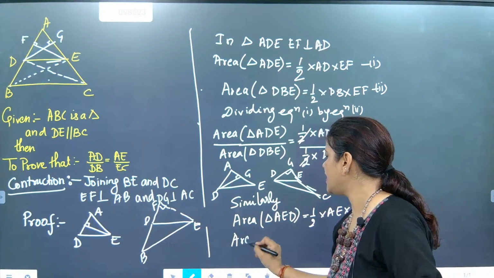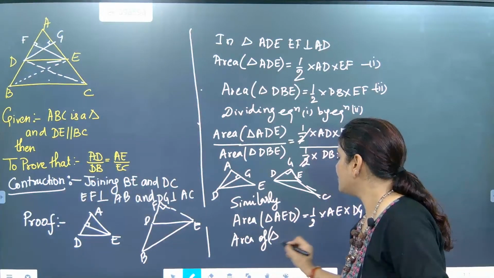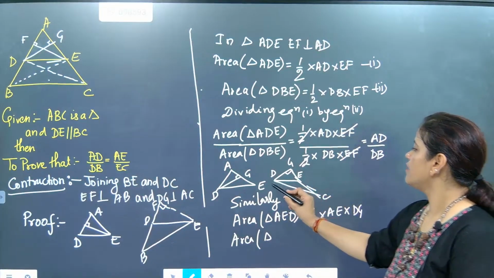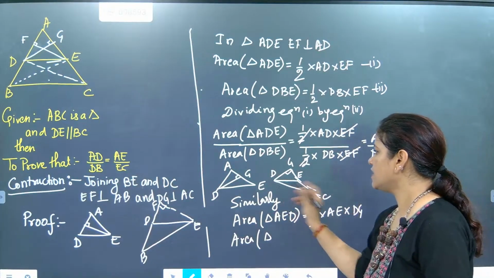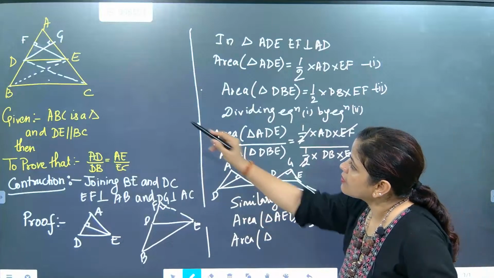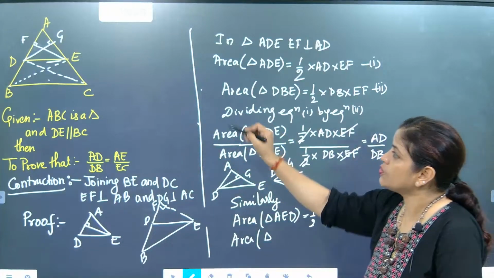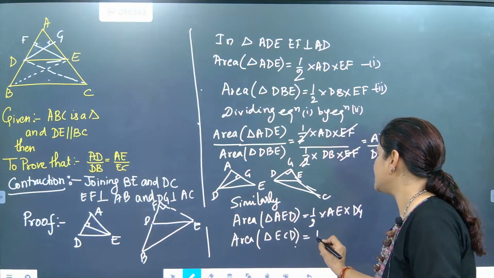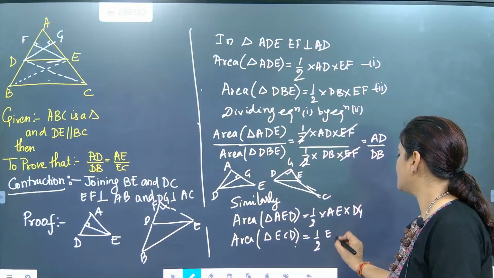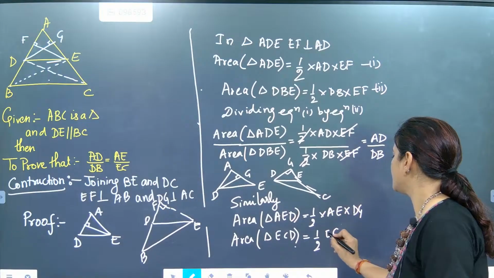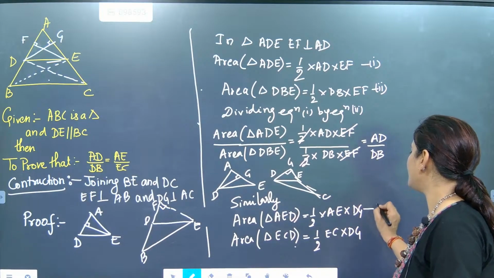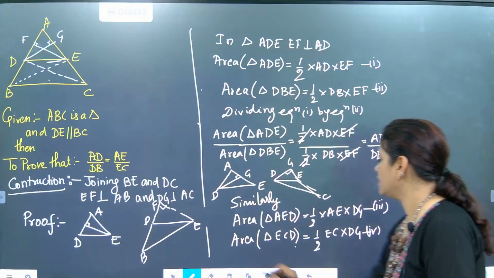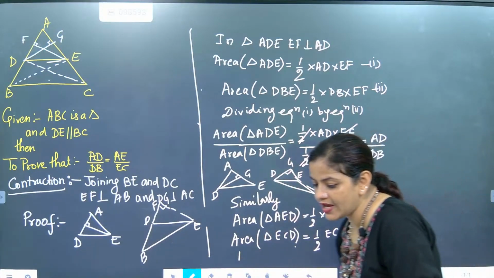And area of triangle, which triangle are we taking? DEC. Can we write DEC? Because DBE we have taken, so ECD we will write. Area of triangle ECD is equal to half EC into DG. So dividing equation 3 by 4.